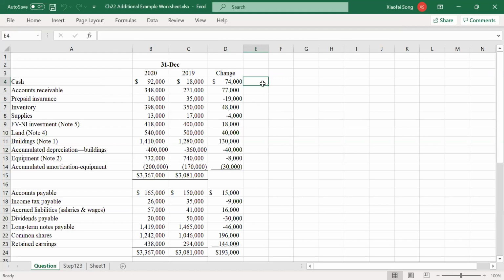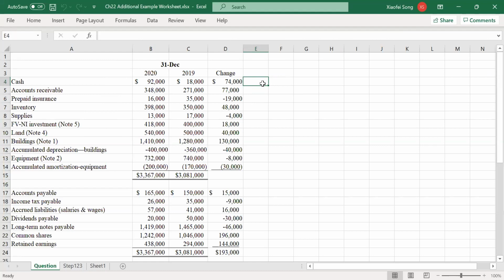We will look at each one and analyze it. Some are straightforward, some have more than 1 transaction resulting in that change, and we can parse them out and separate them, so we make it ready to use.